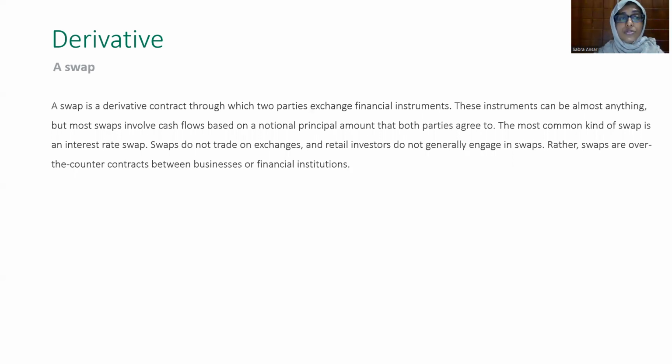Most swaps involve cash flow based on notional principal amounts that both parties agree to. The most common kind of swap is the interest rate swap, and they do not trade on exchange, and retail investors generally don't engage in swaps. Rather, swaps are over the counter contracts between businesses or financial institutions. So that is a type of derivative, a swap.